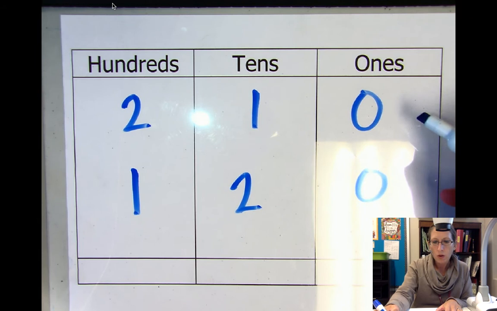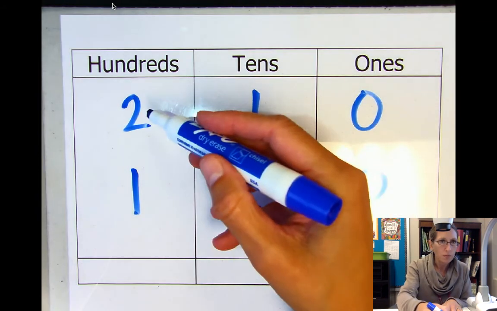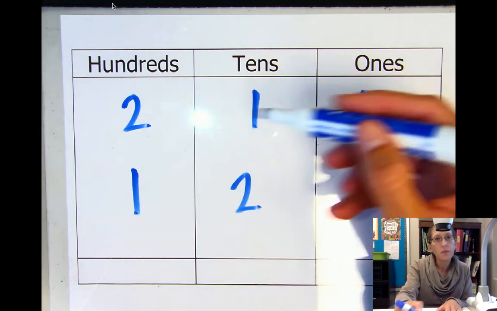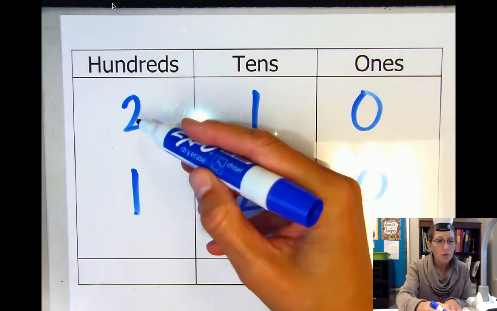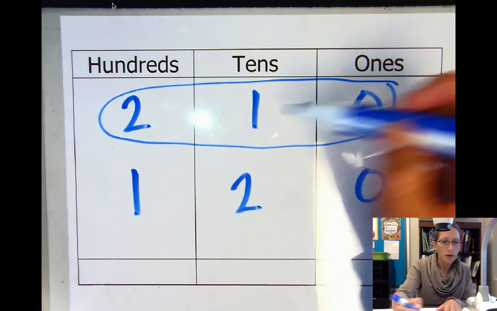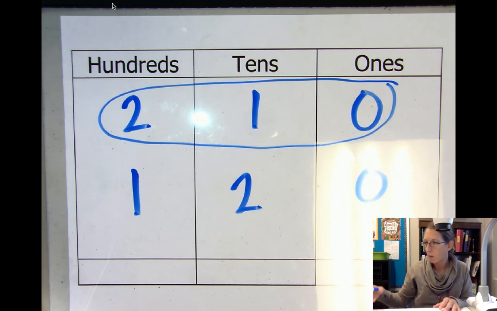Okay, well, we can look right away to see, well, there's more hundreds in this one, so this one must be bigger. Now, if the hundreds were the same, then we can look in the tens place and see. But if we see right away, oh, this has more hundreds, this one is definitely bigger because it has more hundreds. Okay, so we can also use our place value chart to help us.